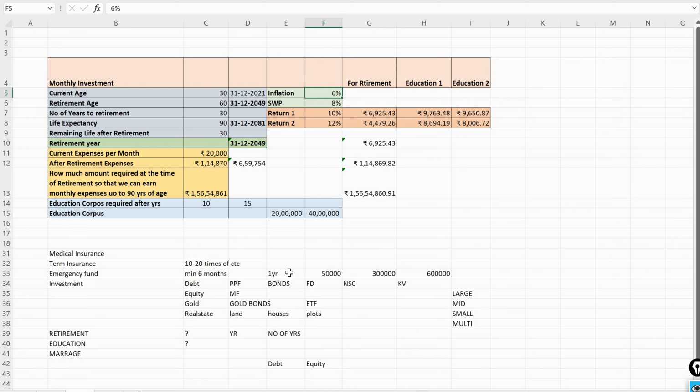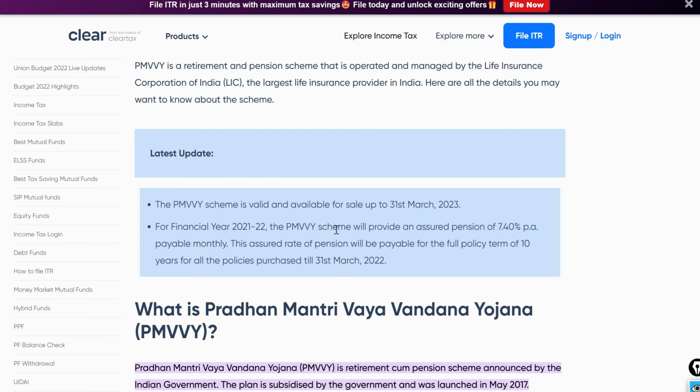Okay. So first we will see the debt schemes after retirement. These are guaranteed return debt schemes from the Government of India that we can use. First one, Pradhan Mantri Vaya Vandana Yojana, PMVVY. It is now available for sale up to near about March 23.